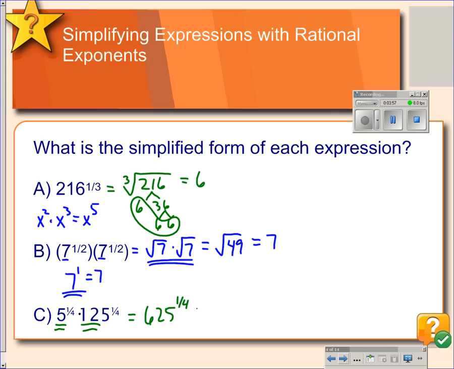The 1/4 power is the same thing as the 4th root. So if we factor 625, we know it's 5 times 125. 125 is 5 times 25. 25 is 5 times 5. So 625 is actually a perfect 4th power. And so the 4th root of 625 is 5.